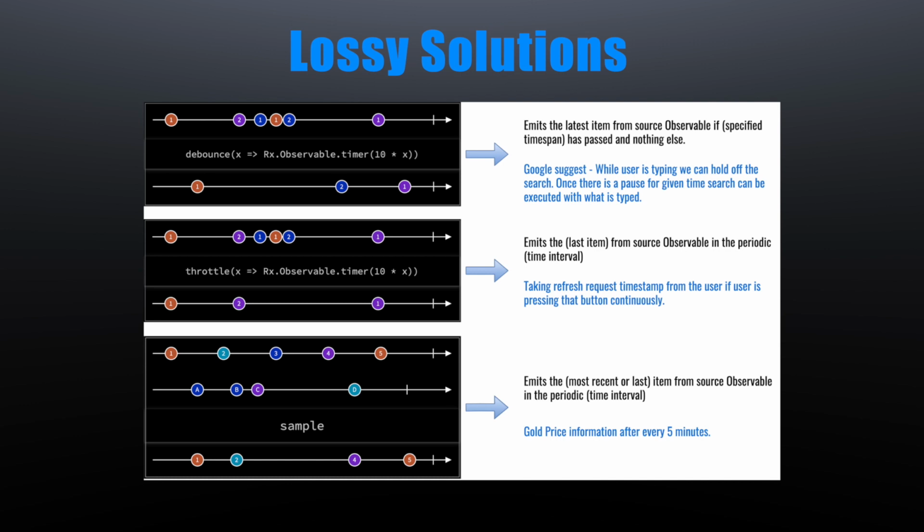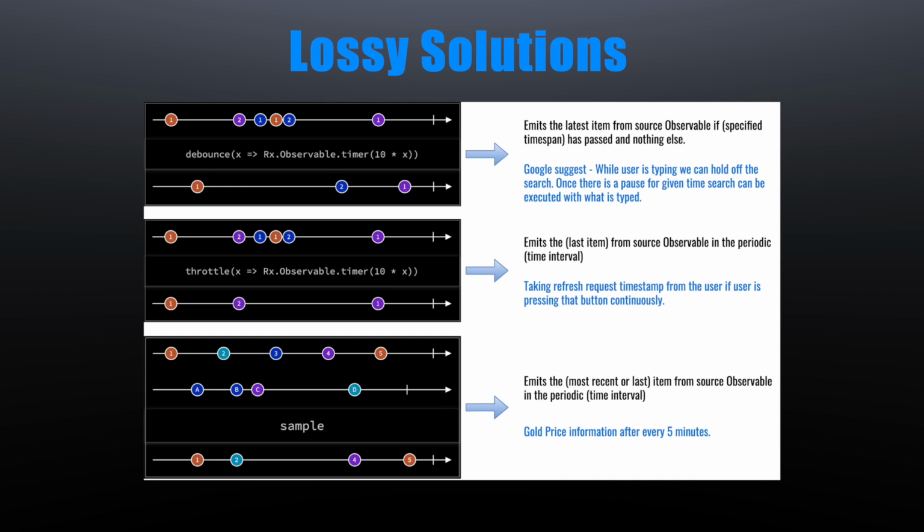But in the case of throttle, when the user is pressing that button continuously, and if you have given 2 seconds as the specified time interval, then no matter how many times the user presses that button, that print statement will get executed after every 2 seconds or within 2 seconds. So you can say there is a very minute difference in the working of these two operators.